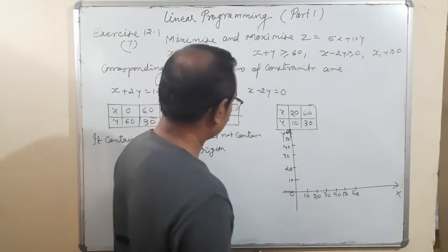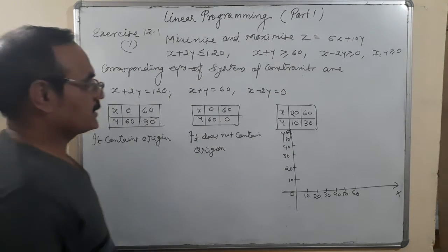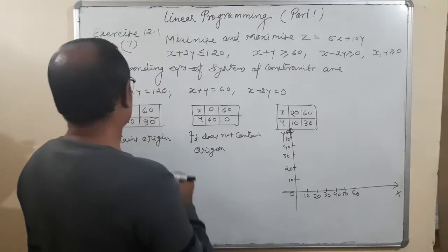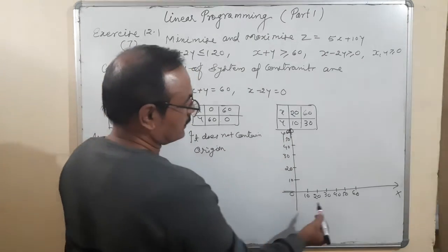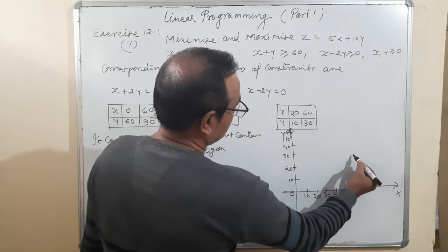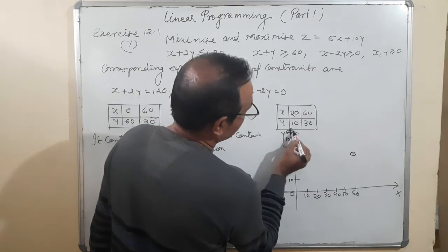And 60. One is this, 0 comma 60. X 0, y 60. This is the point. Second, 60 comma 30. 60 and 30. There's a point. Okay, I can join it like this.